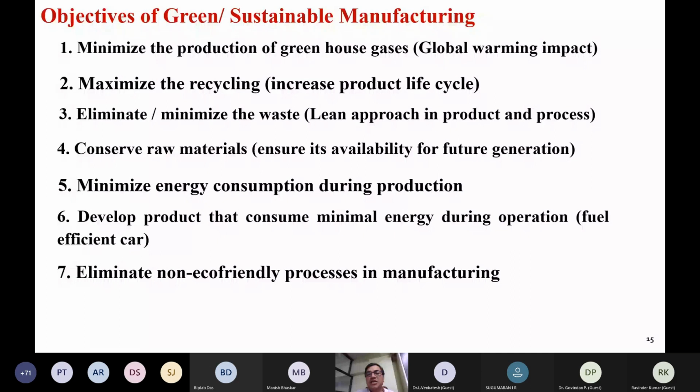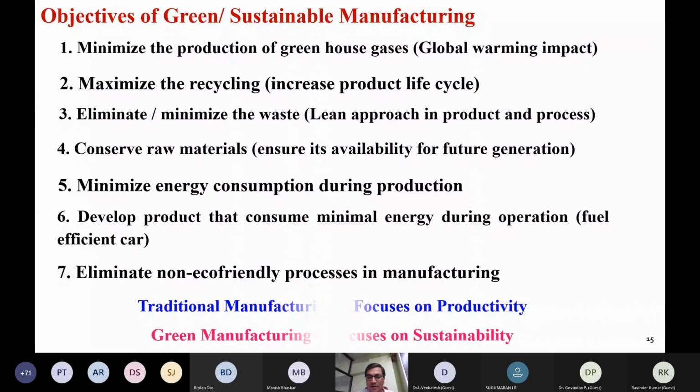In that way, both gain an advantage, a win-win situation. If you think about how these objectives can be used and what changes are required to achieve them, then you are moving towards green manufacturing practices. As I said, traditional manufacturing focuses on productivity. Green manufacturing focuses more on the sustainability aspect.